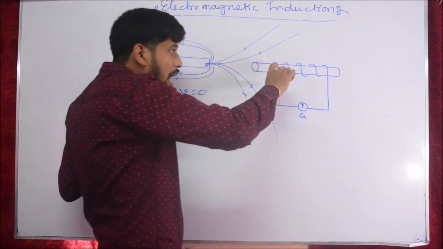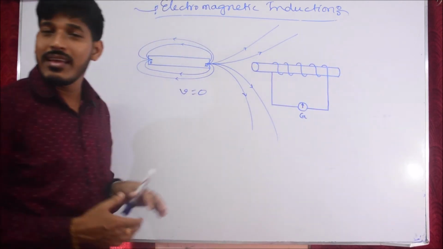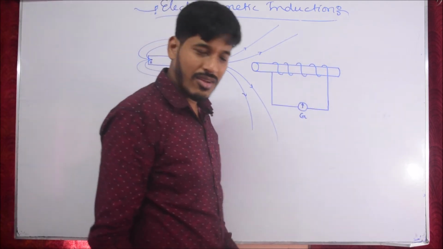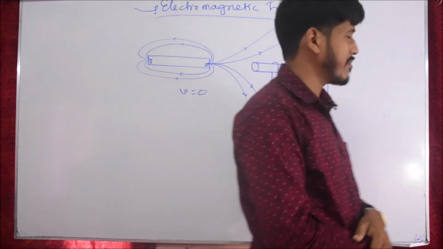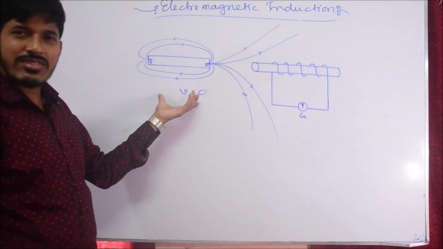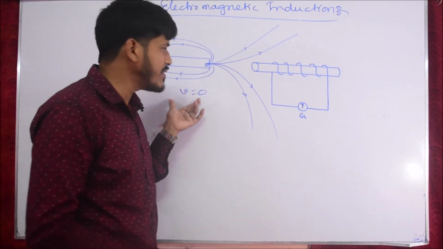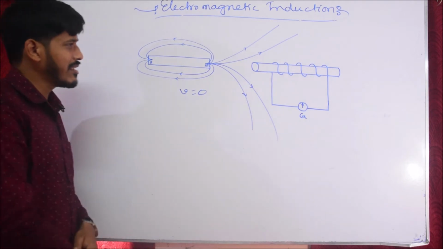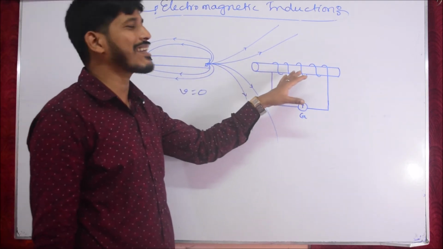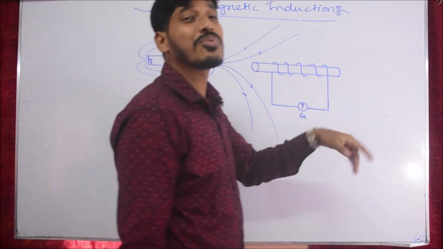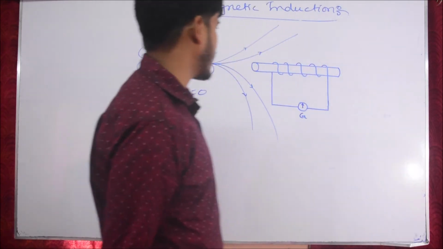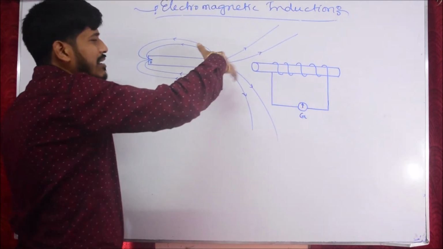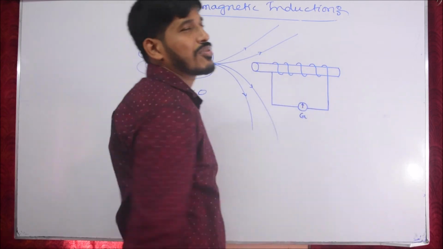So, whatever the magnetic flux linked with the coil will remain the same. If both the magnet and the coil remain at rest, there is no change in magnetic flux linked with the coil. Linking means what? If the coil is far away, the magnetic flux is not linked with the coil.